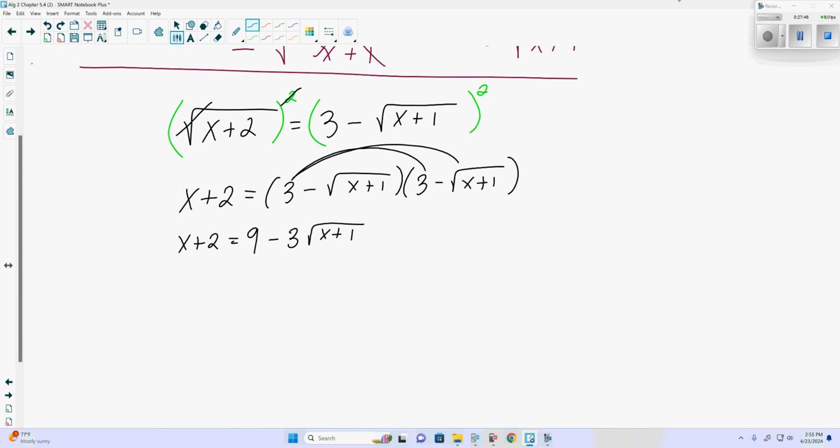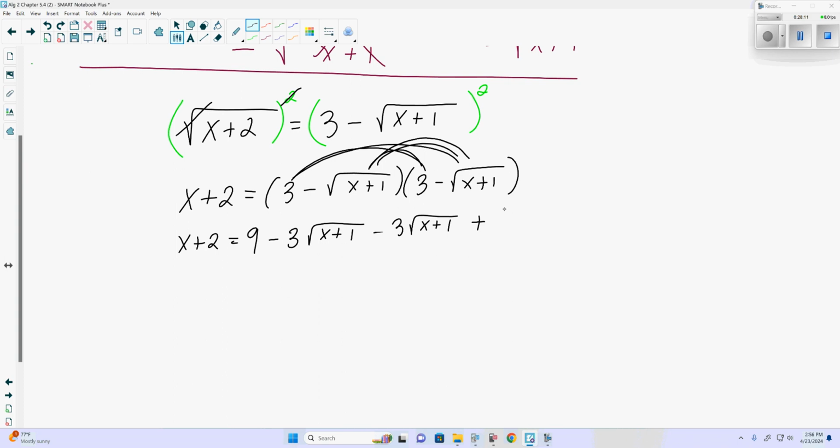Questions on this here? Question? Now we do the same thing. Negative square root of x plus 1 times 3 is, well, negative 3 square root of x plus 1. And lastly, our negative square root of x plus 1 times negative square root of x plus 1. Negative and negative makes a plus, yes?